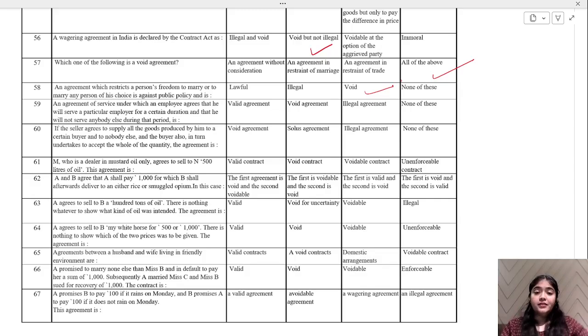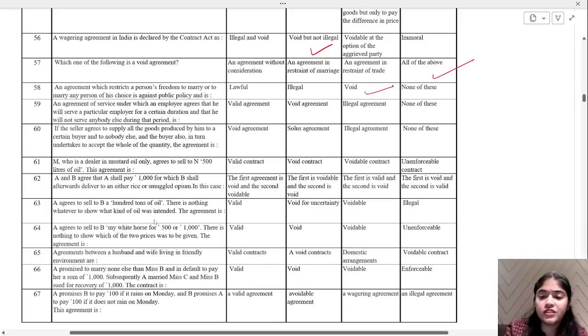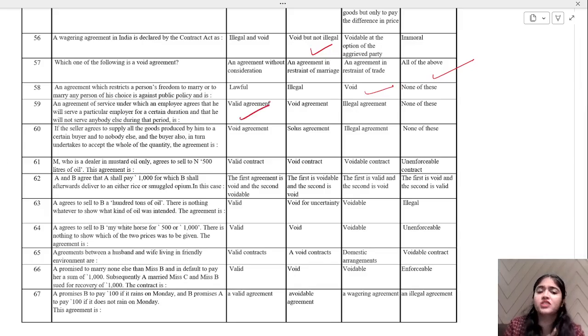Let's go ahead. An agreement of service under which an employee agrees that they will serve a particular employer for a certain duration and that he will not serve anybody else during that period is a valid agreement, void agreement, illegal, or none of these. That's a valid agreement, right? No issues in this particular agreement, so it's a valid agreement.